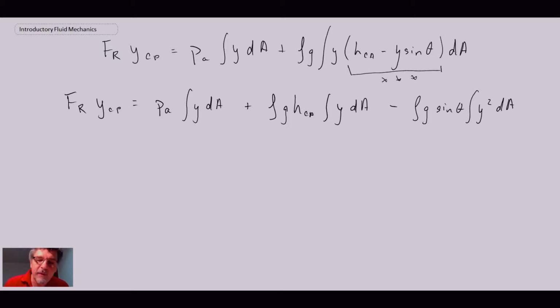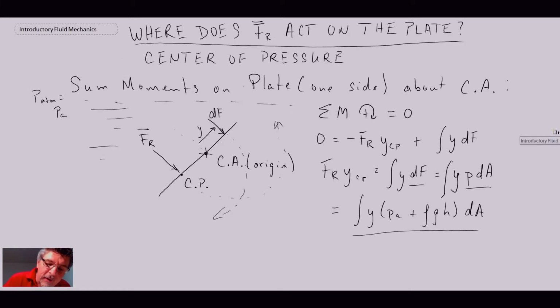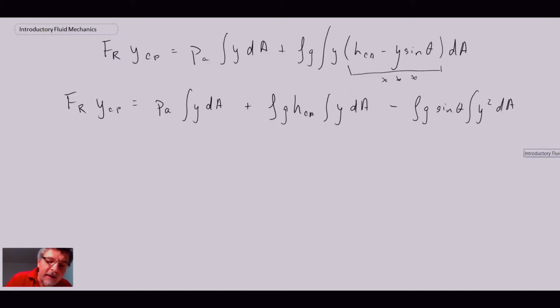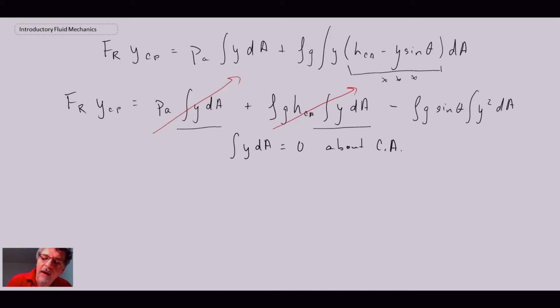Now, if you recall, let's look at our schematic here. We said that the center of area is where our coordinate system was based, and consequently this and this, by the definition of the center of area, from YdA is equal to 0, because our origin is about the center of area. Consequently those two terms disappear, and what we're left with is just this last term here.